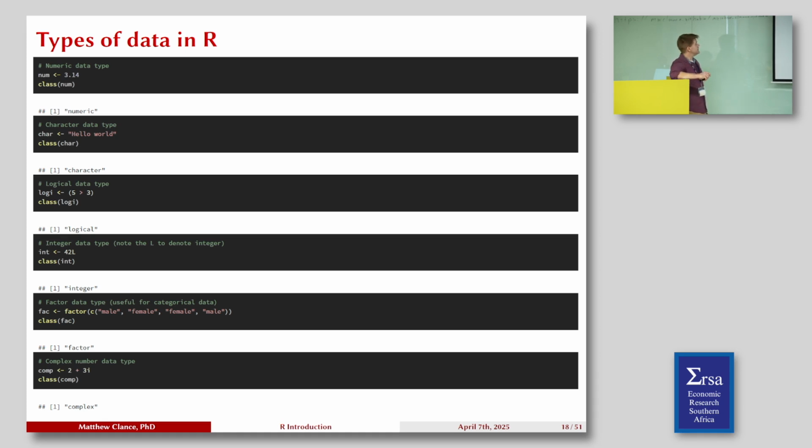Sometimes you have to make changes from the way it looks, from a number to a character, to a logical, integer, and then factor, and then complex.